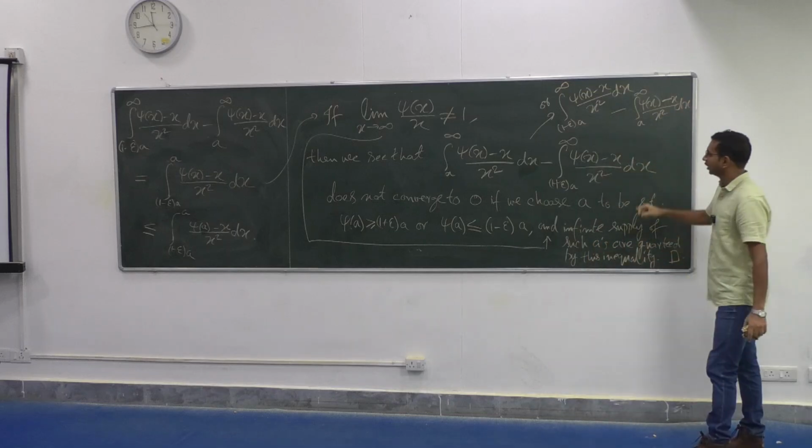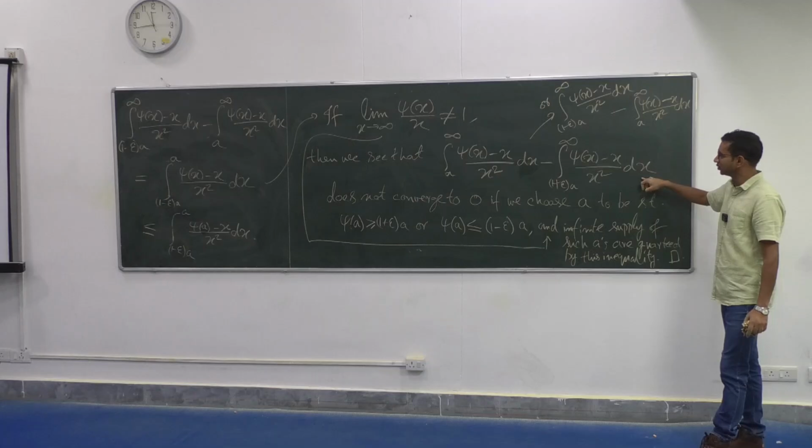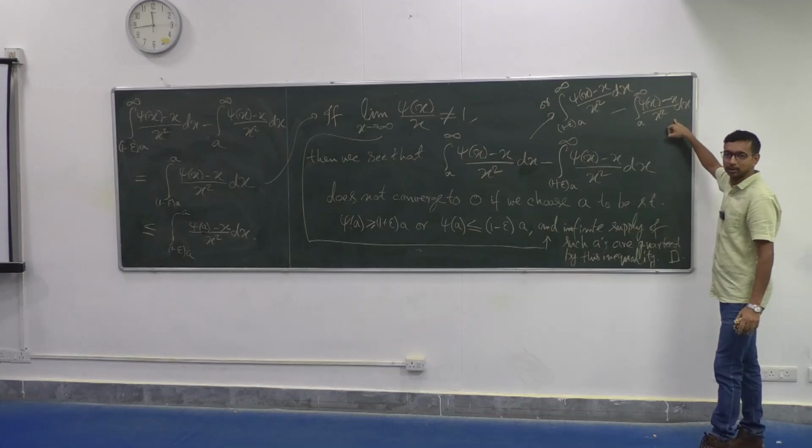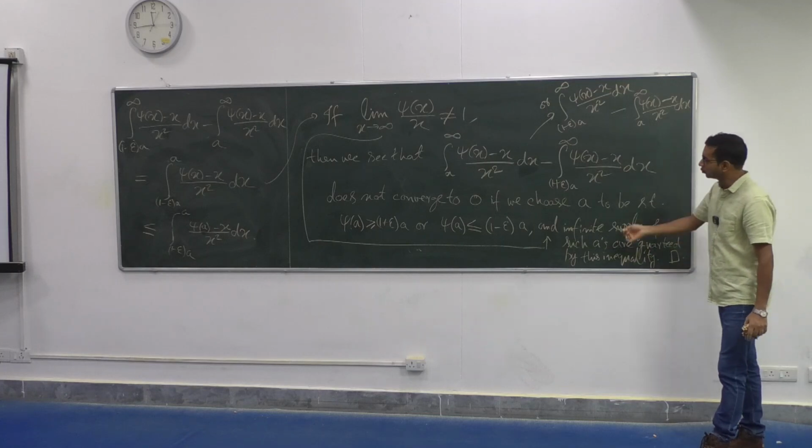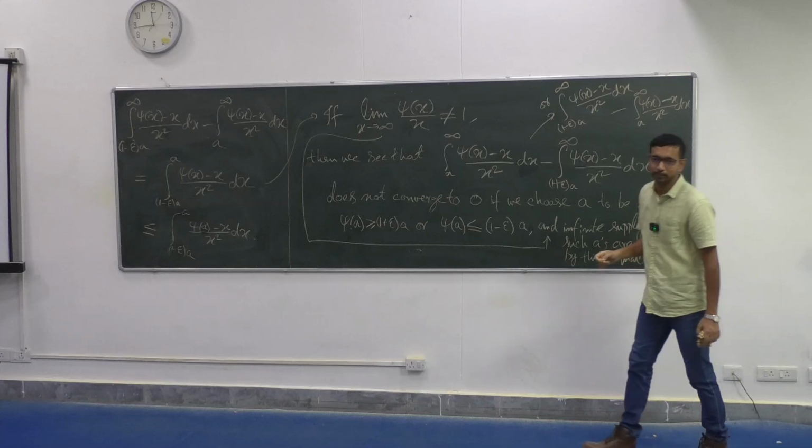Okay? So either this is not going to 0 as it goes to infinity, or this one is not equal to 0 in the second case. And that proves that the integral cannot converge.